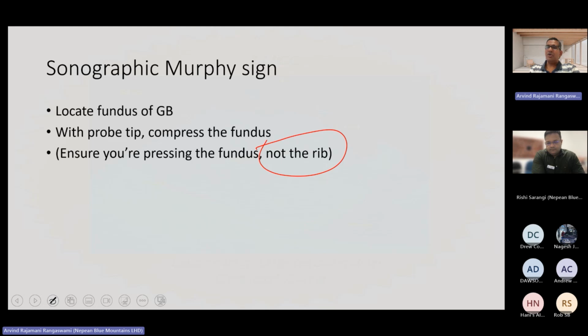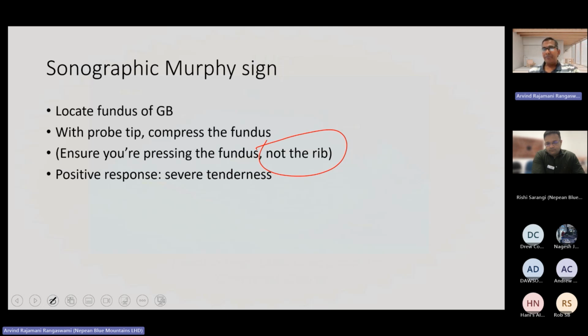Now, if the gallbladder fundus happens to be posterior to the ribs and you don't have a choice, then that's obviously going to be a fallacy. You might end up choosing a smaller probe, such as a convex phased array probe, a cardiac probe, in order to get in between the intercostal space. Okay. The positive response for a sonographic Murphy sign in the presence of cholecystitis is severe tenderness.